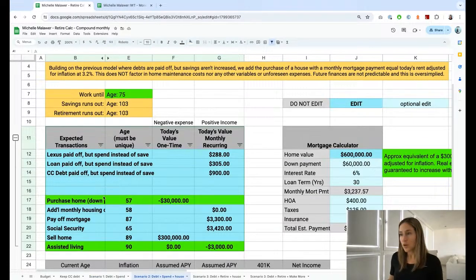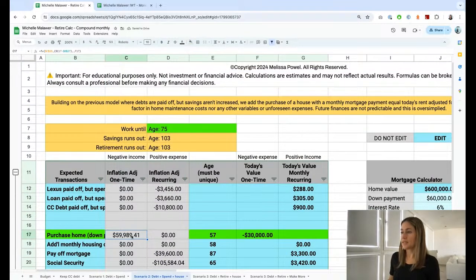Looking at this with a purchase of a home that replaces the rent. So I was trying to find something that was the equivalent of their $2,200 rent payment. And a $30,000 down payment at 57 is the equivalent of a $60,000 down payment at that time.